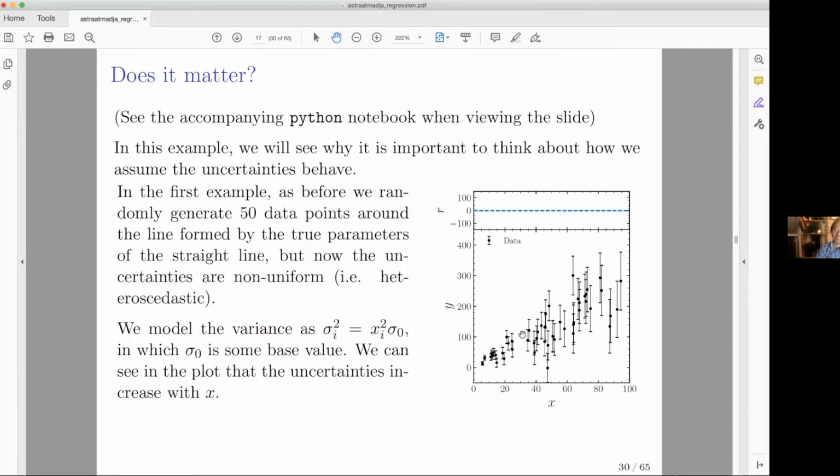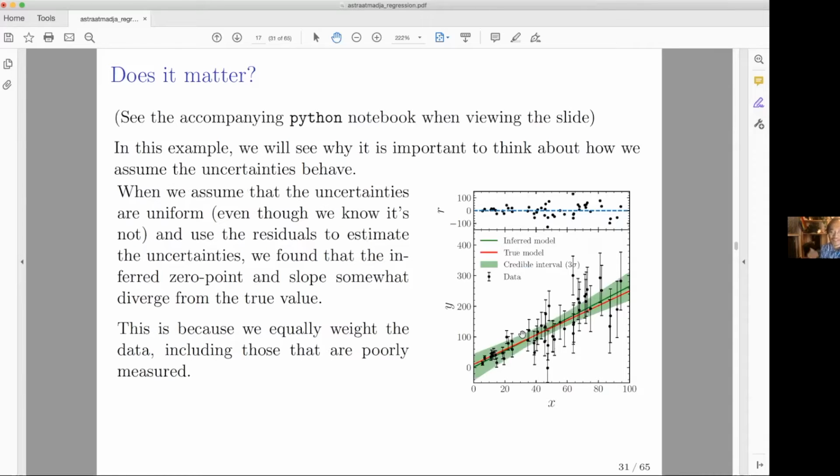So that's why our measurement is not as accurate as when the object is brighter. Anyway, if we are given this kind of data and still assume that the noise is uniform, we get the estimate here, but it's not really good.